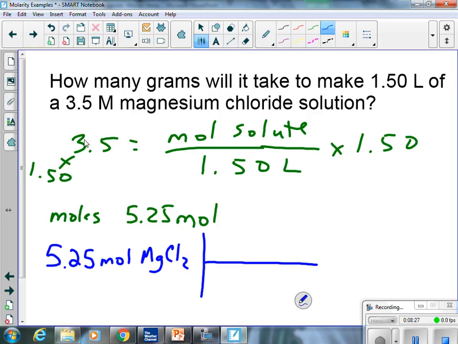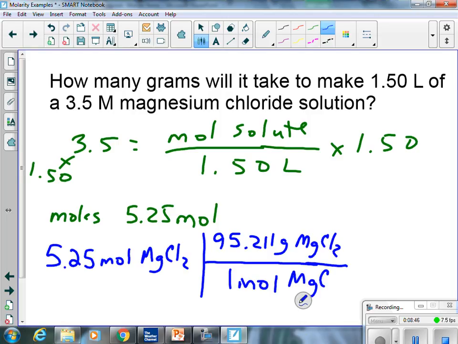My magnesium chloride's molar mass, 95.211. My moles of magnesium chloride cancel. I'm going to get my final value in grams of magnesium chloride.